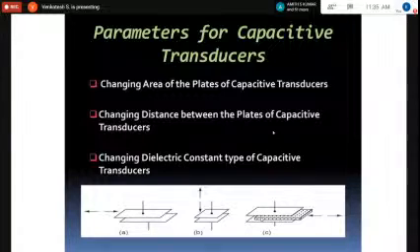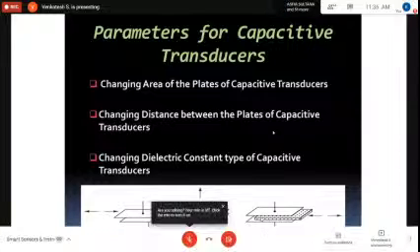Omega is 2 pi f, the angular frequency, 2 pi times the supply frequency of 50 hertz. So capacitive reactance XC is equal to 1 divided by 2 pi f into capital C.